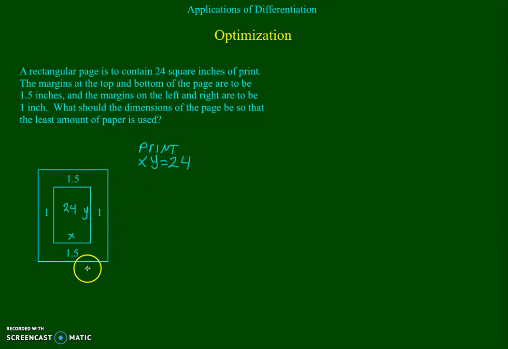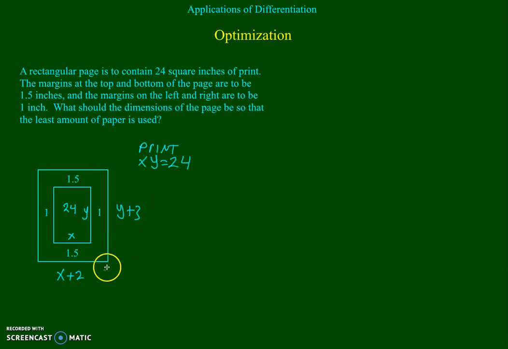And now we can come up with an expression for the area of the page itself. If this is X, and this is 1, and this is 1, this whole distance is X plus 2. And if this is Y, and this is 1.5 and 1.5, then this distance is going to be Y plus 3.